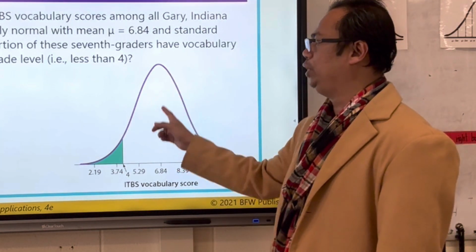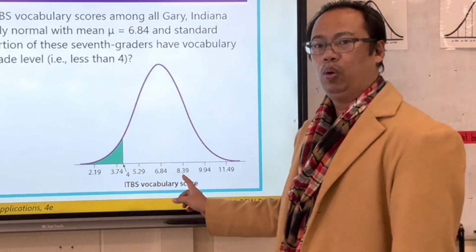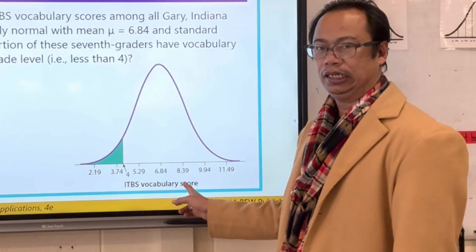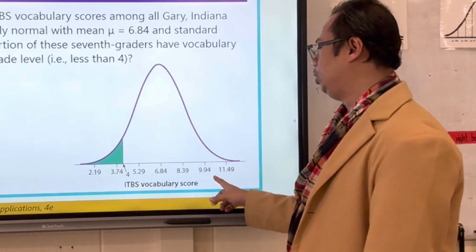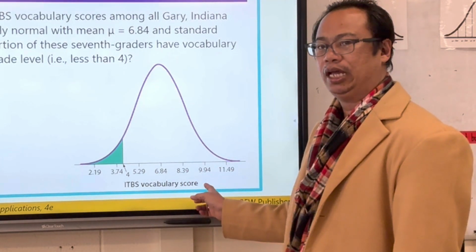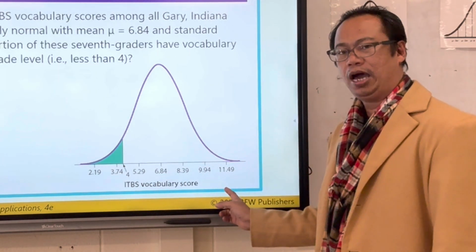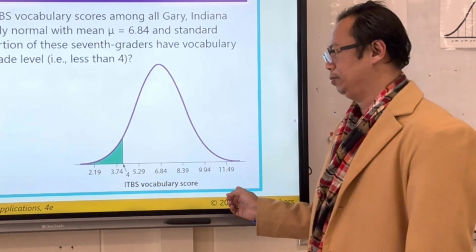We start with 6.84 and then we add 1.55 to the right to get 8.39. Next, we add another 1.55 to get 9.94. Then we add again 1.55 to get 11.49.